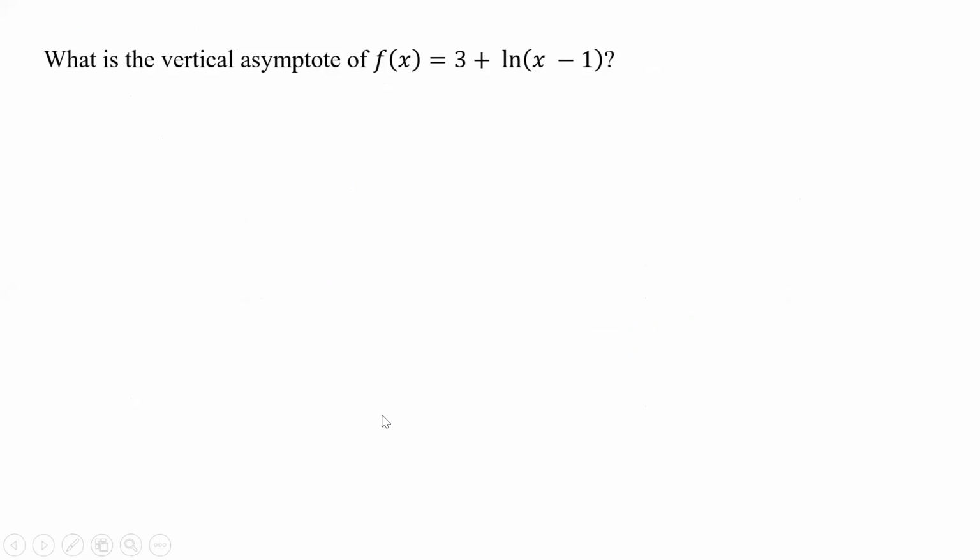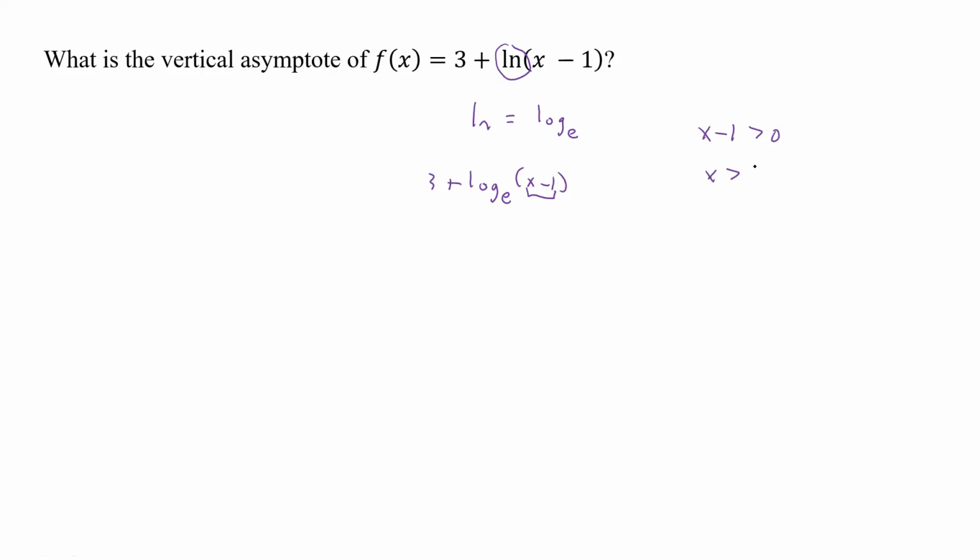All right, so this one says, what is the vertical asymptote of this equation? Well, now this one is a key thing. This is ln. How does that work compared to the normal? Well, what is ln? That's log base e. So what we would have is log base e of x minus 1, and we still have our 3 plus there. And we know that for log base b of whatever, we just set the argument greater than 0.